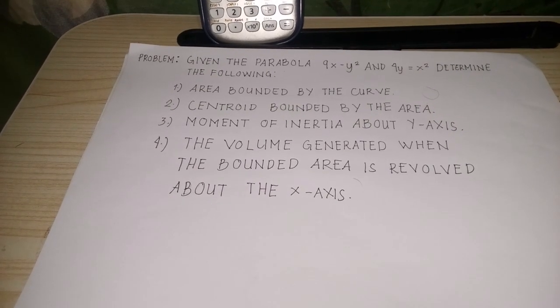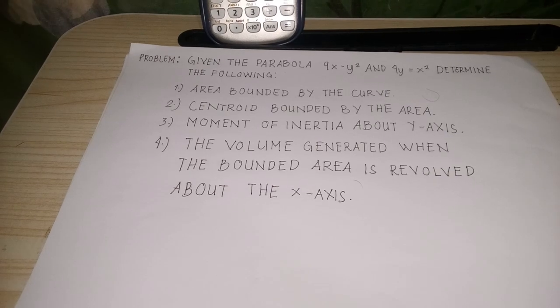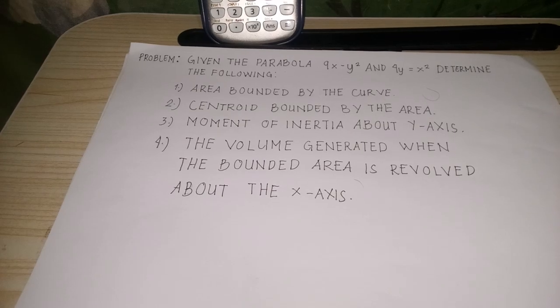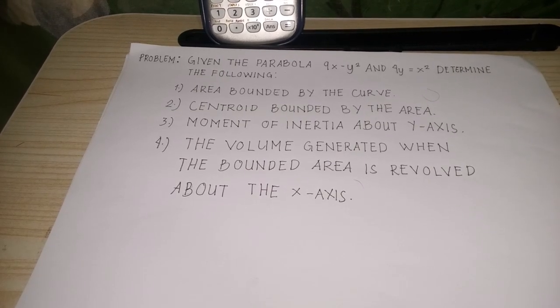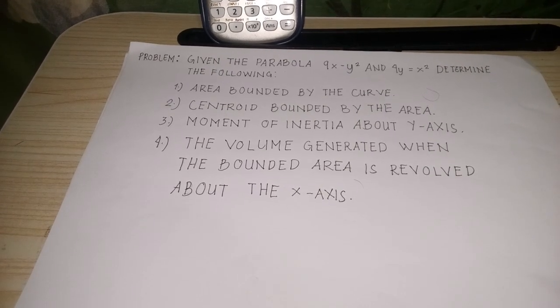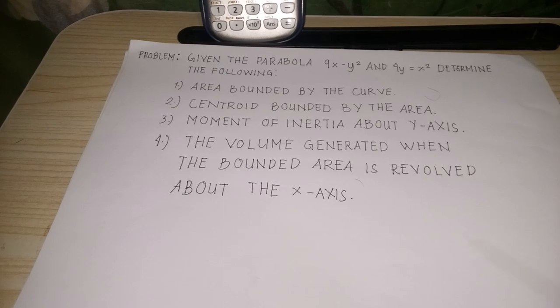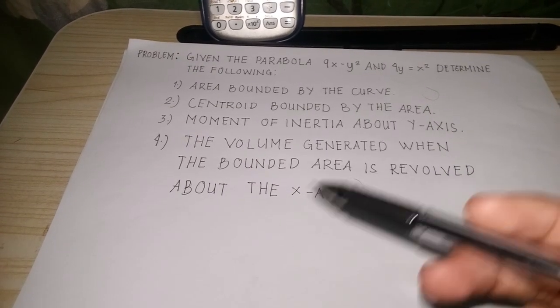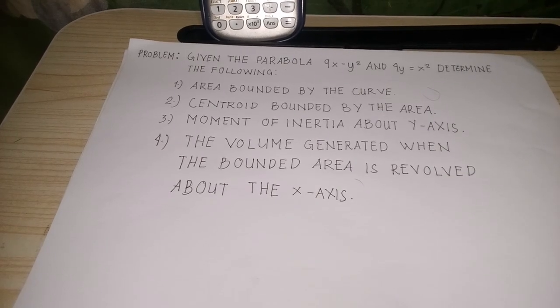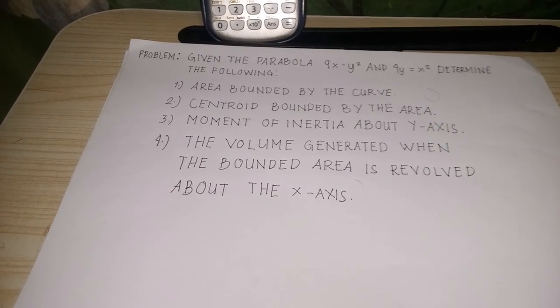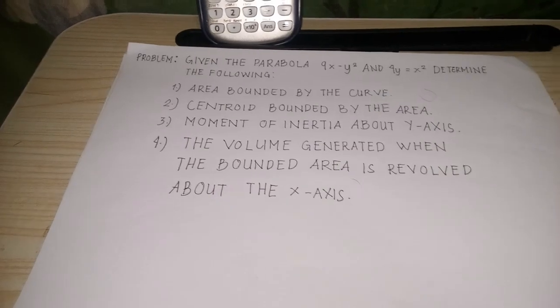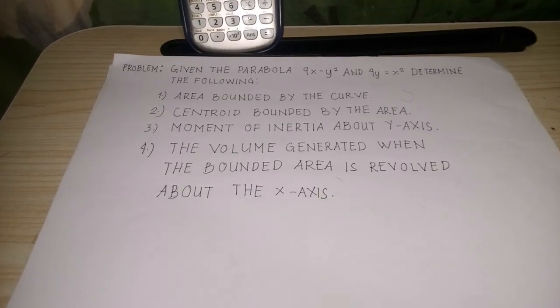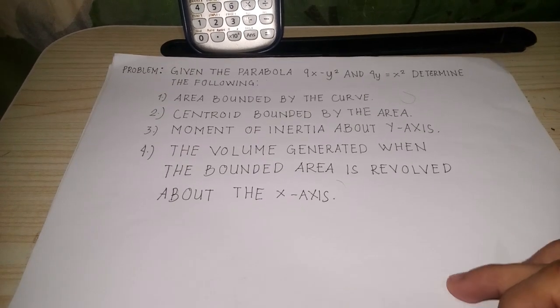Our first problem is: given the parabolas 9x minus y squared equals zero and 4y equals x squared, determine the following. First, the area bounded by the curve; second, the centroid of the bounded area; third, the moment of inertia about the y-axis; and lastly, the volume generated when the bounded area is revolved about the x-axis. Let us first start with the area.